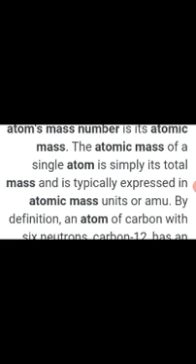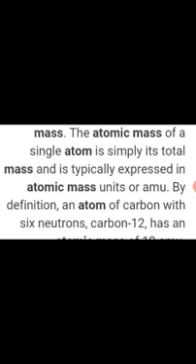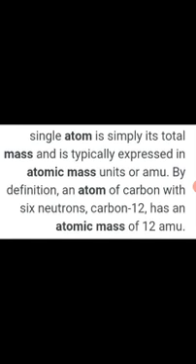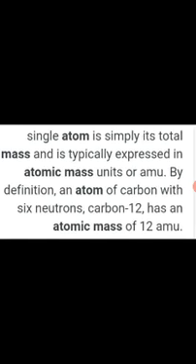By definition, an atom of carbon with 6 neutrons, carbon 12, has an atomic mass of 12 AMU. Carbon has 12 atomic mass, so it is represented as 12 AMU.